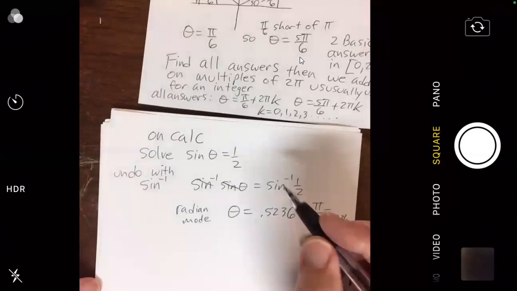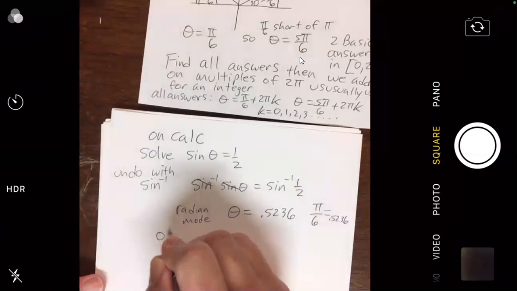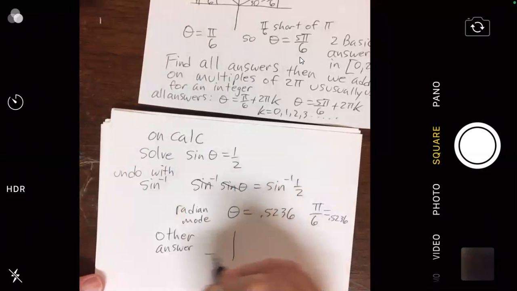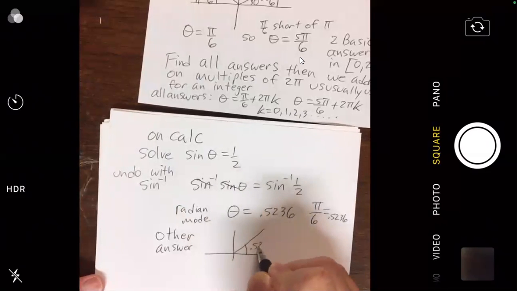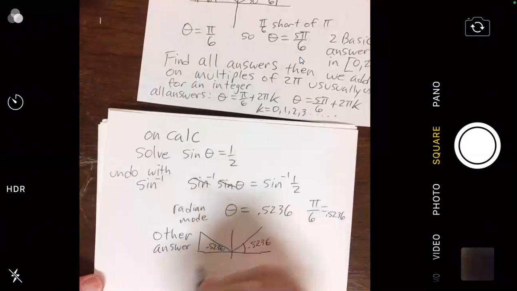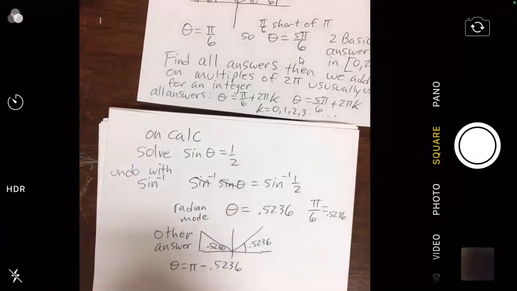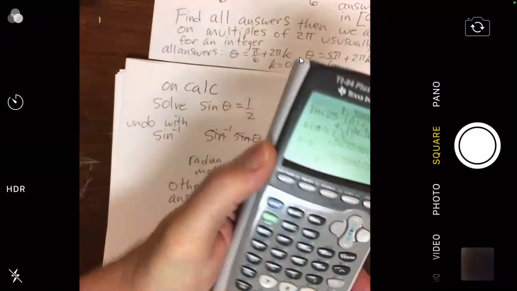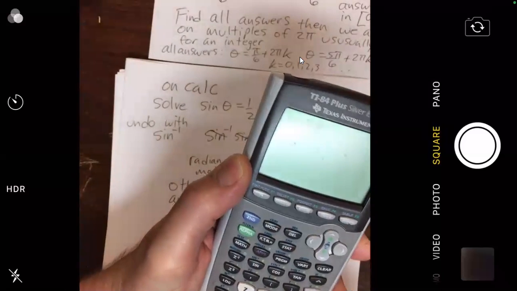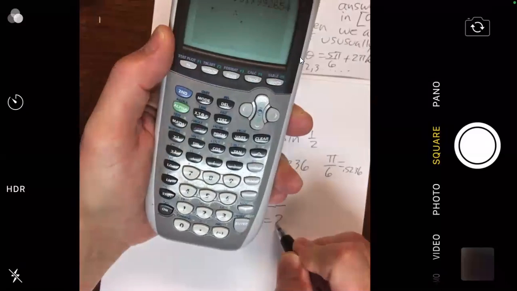You do not get the nice fraction pi answers that they want a lot. If you want the other answer, that's when you've got to draw the circle. Your reference is 0.5236. Over here, you're at 0.5236. And your other answer would be pi minus 0.5236, which we'll call 2.618.